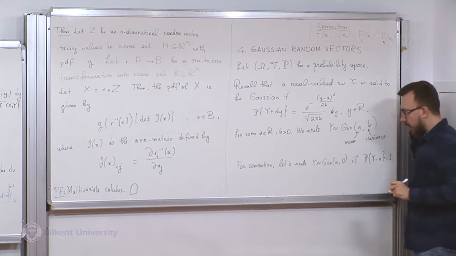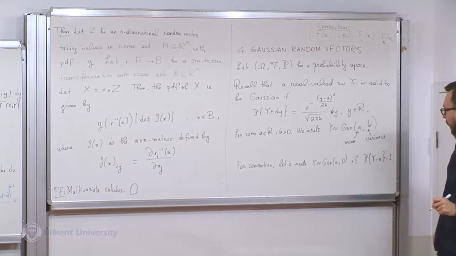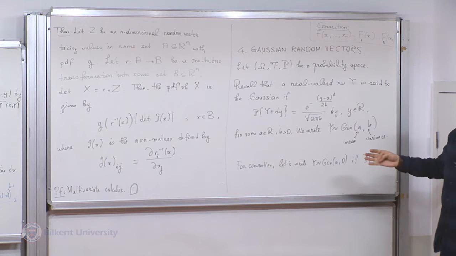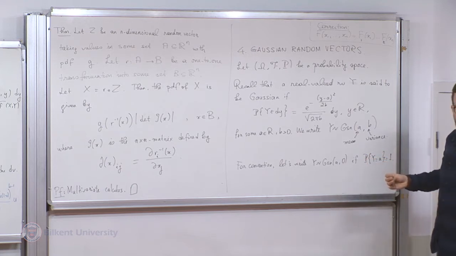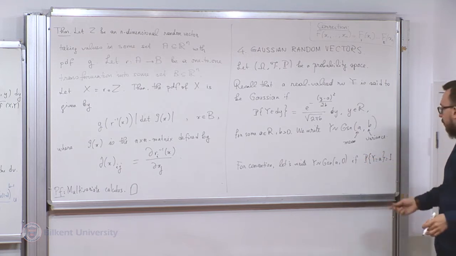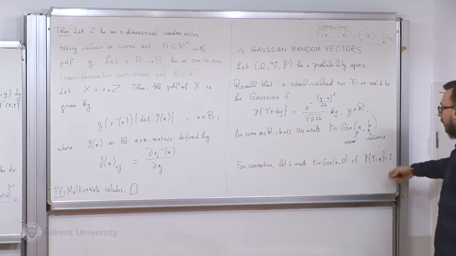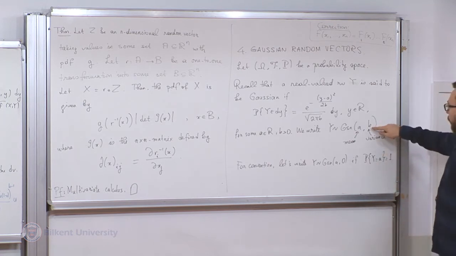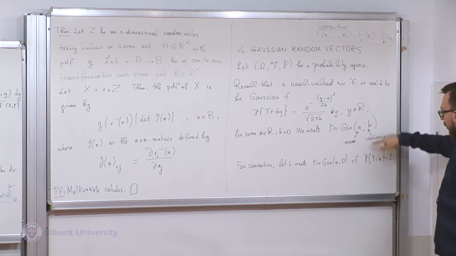In other words, it is deterministic almost surely. So 0 variance means you are always equal to your mean with probability 1. If we want to cover the case b equals 0, this is how we can do it.